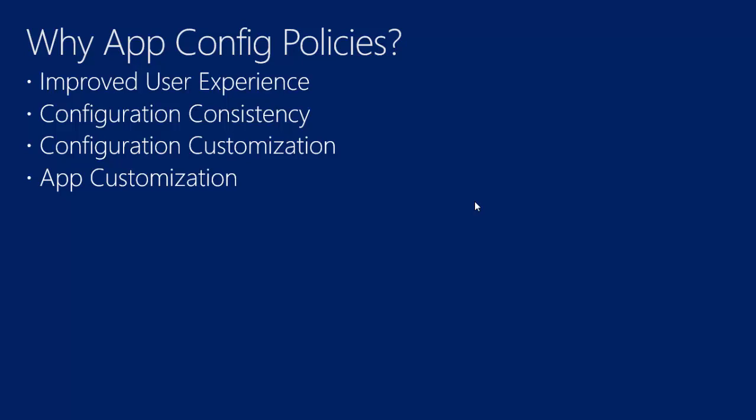Configuration consistency is the same kind of thing. If you have managed devices, you want to make sure they're configured consistently as they interact with your various services in the business, and you can do that. Then there's customization, and app customization itself. So there's configuration customization and then possibly the app customization.